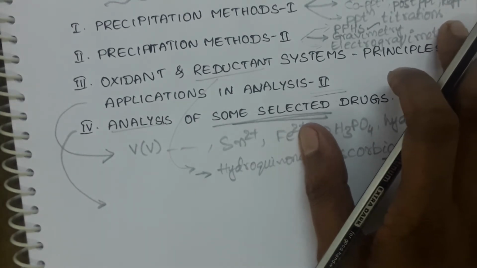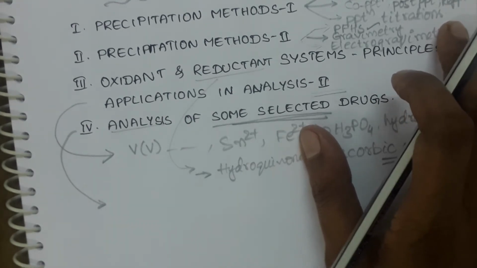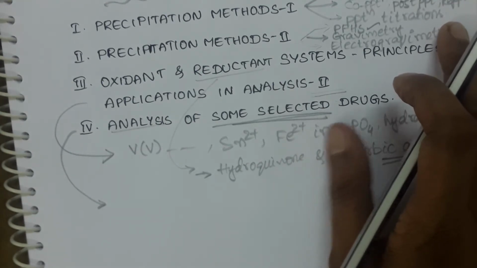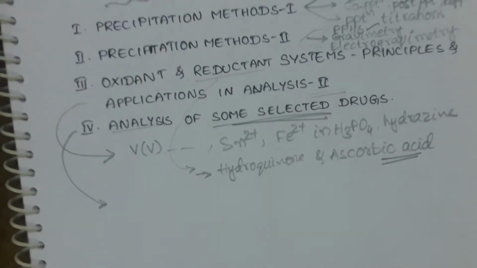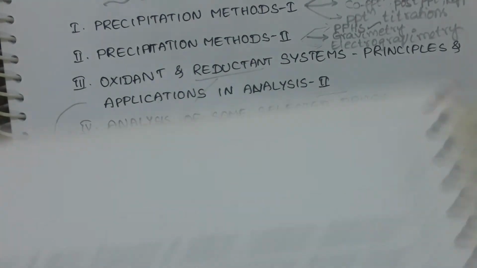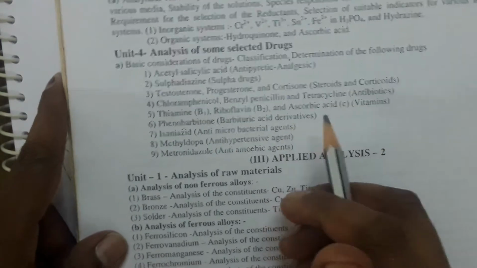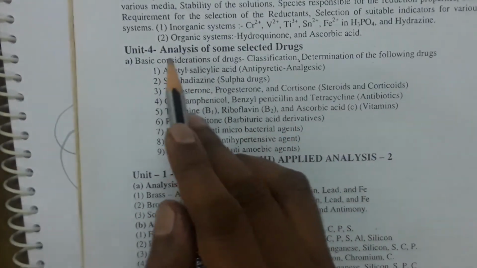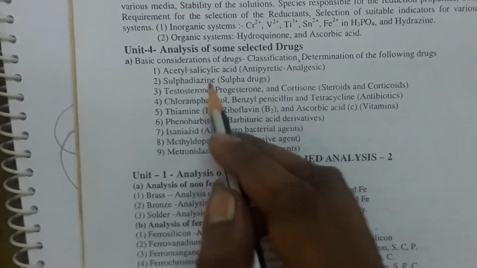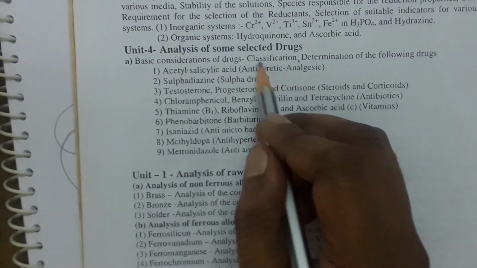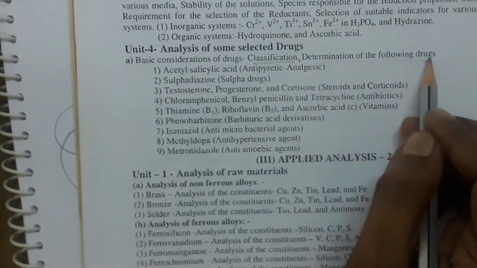How can we determine antibiotics like chloramphenicol, benzyl penicillin, tetracycline, thiamine? You can observe here. So basic considerations of drugs, classification, determination of the following drugs.